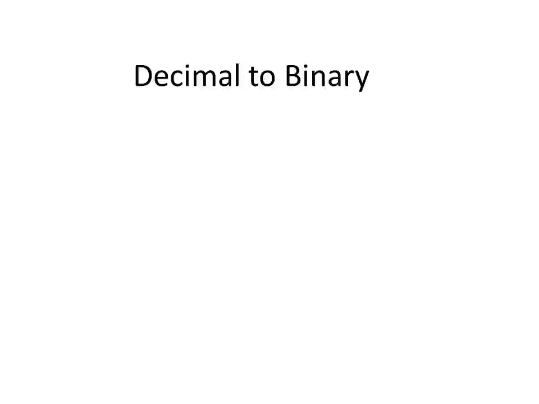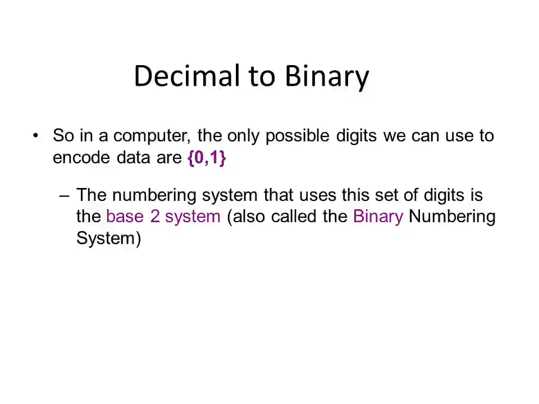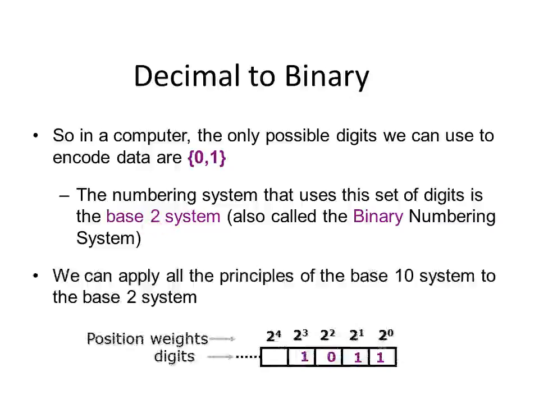Now, how do you convert decimal to the binary system? The binary system means there are only two symbols, 0 and 1, and its base is 2. For example, let us take the binary number 1011.